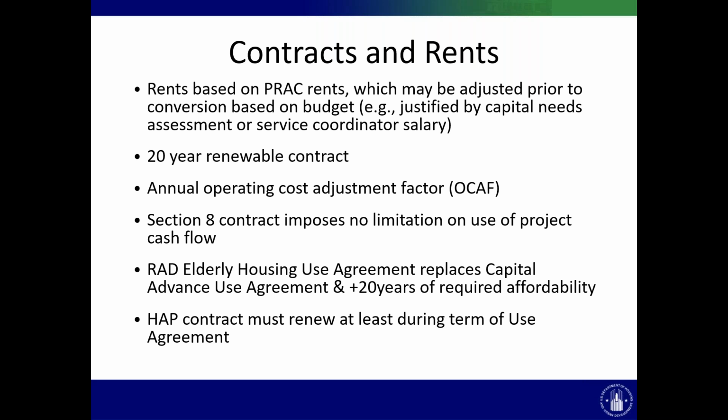The Section 8 contract that it would be converted to imposes no limitation on the use of project cash flow, so there are no residual receipts accounts. Cash flow is unlimited.